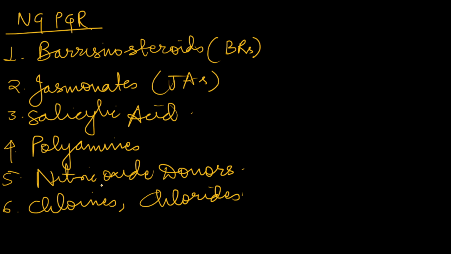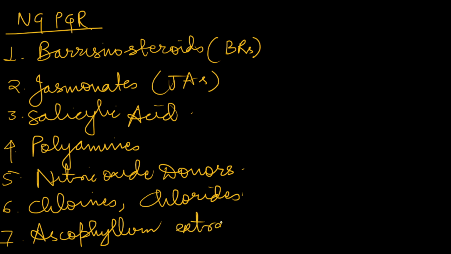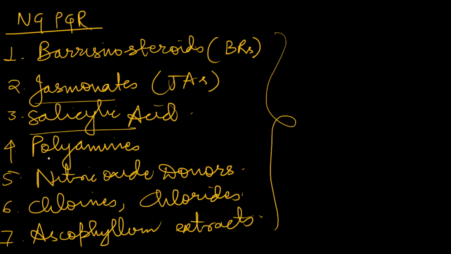You can also mention here seaweed based biostimulants. For example, Ascophyllum extracts. So these are the new generation plant growth regulators: brassinosteroids, jasmonates, salicylic acid, polyamines.